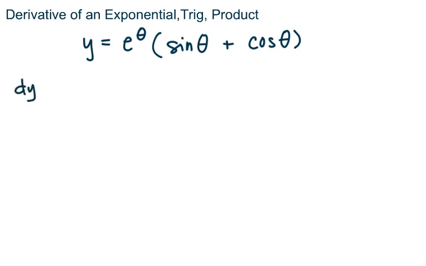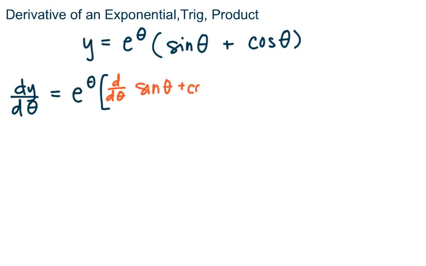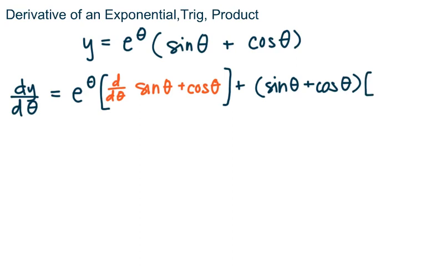So the derivative of y with respect to theta, make sure you pay attention to your independent variable, would be first e to the theta times the derivative with respect to theta of (sine theta plus cosine theta), plus (sine theta plus cosine theta) times the derivative with respect to theta of e to the theta.